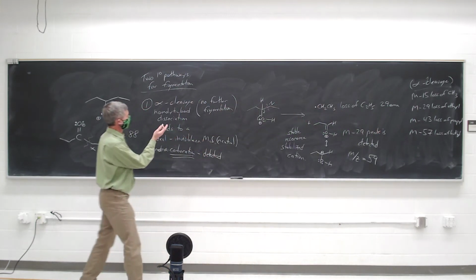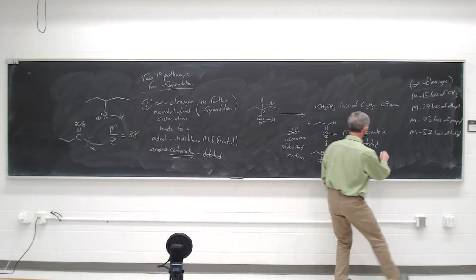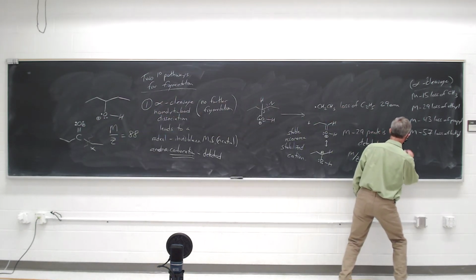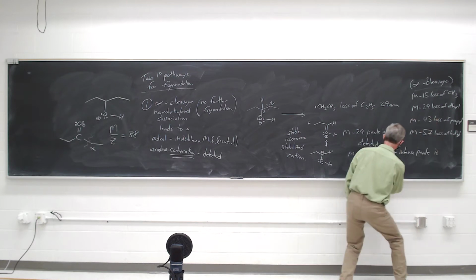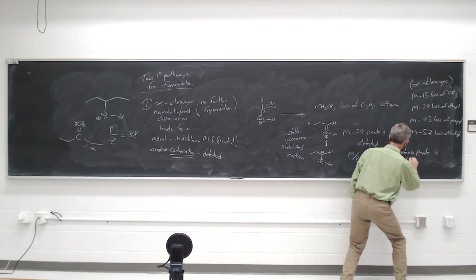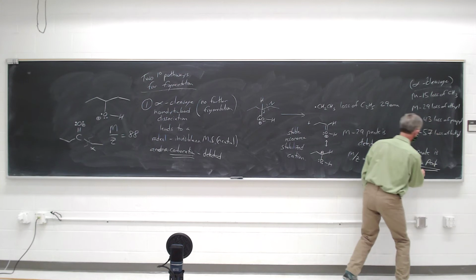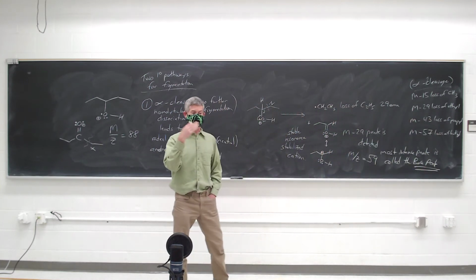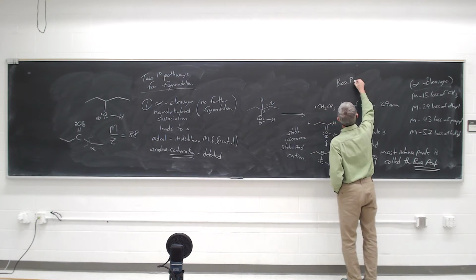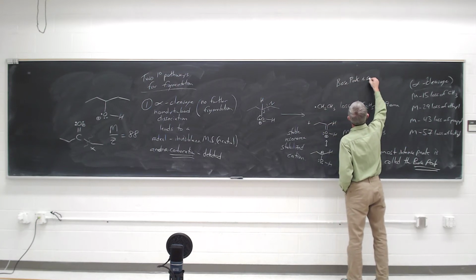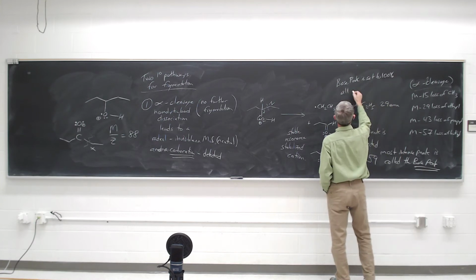Because there's two different ways for it to do that, that may well be the most intense peak. And the most intense peak is called the base peak. And the base peak is arbitrarily set to 100%. And then all the other peaks scale to that.